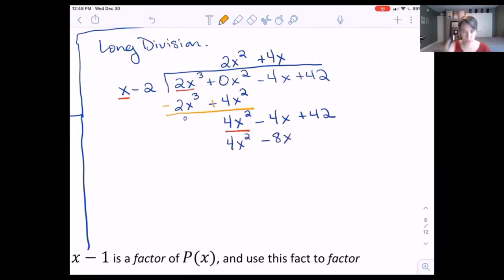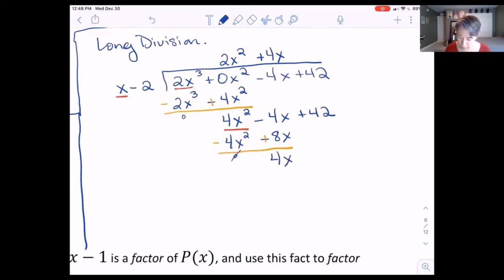But now we have to subtract. So we distribute that negative by changing the sign, drawing the line, and then combine. Again, we get a 0, so those are gone. We're left with a 4x here, and we bring down the plus 42. Once again, we look at our leading terms. I want that x to look exactly like a 4x, so we're missing a 4.